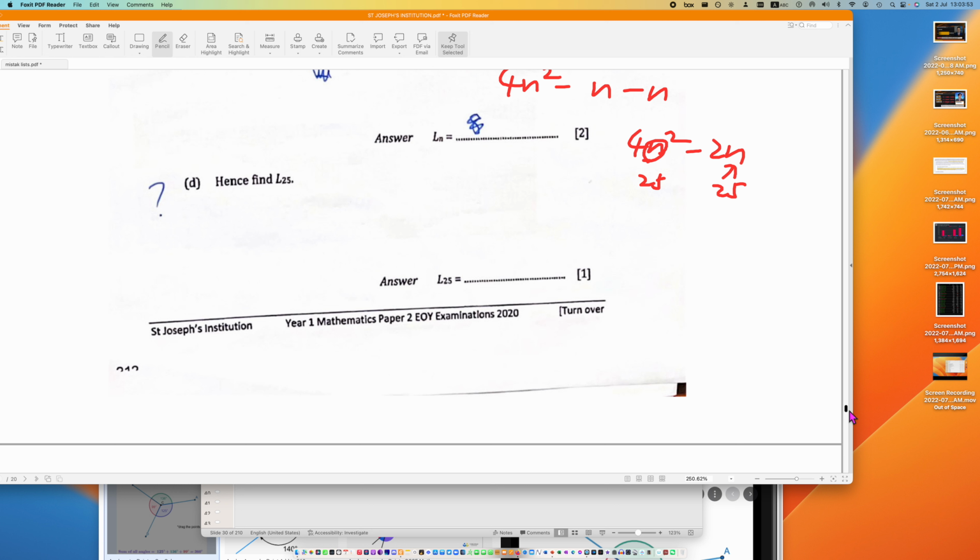Correct? In fact, they want to know the significance, not just that this is the gradient only. They want to know the English meaning. So if you want to explain, it's every 1 minute the water level will drop 47 cm.